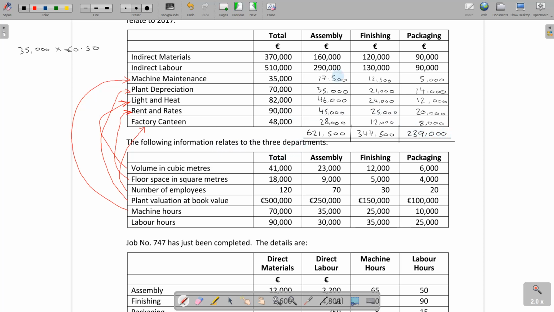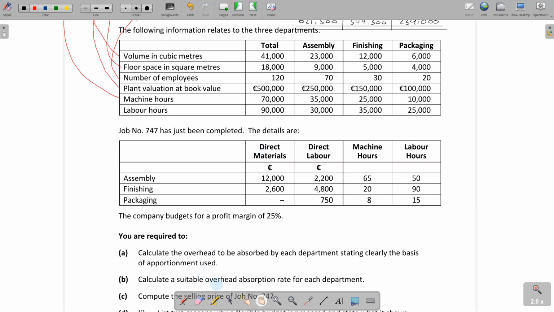So what we now have to do is the total overheads in assembly is that, finishing is that, packaging is that. Now what we're asked to do is calculate a suitable overhead absorption rate for each department.